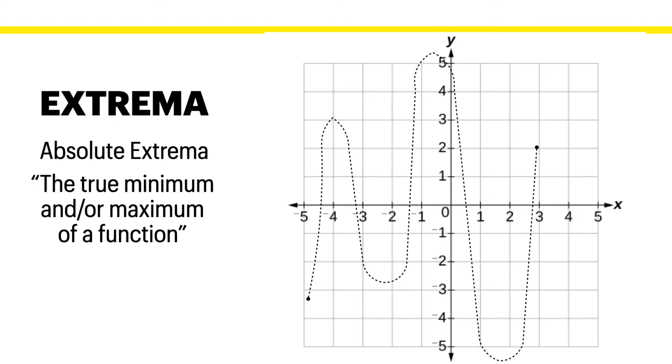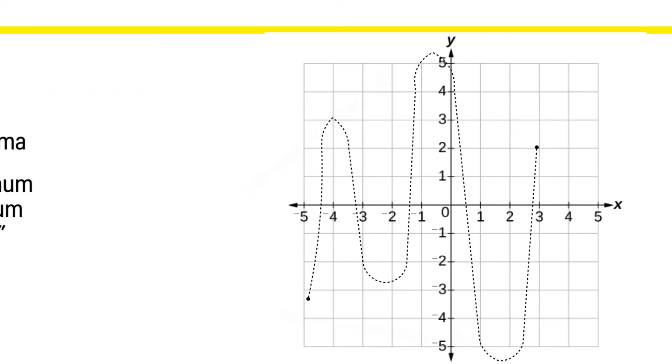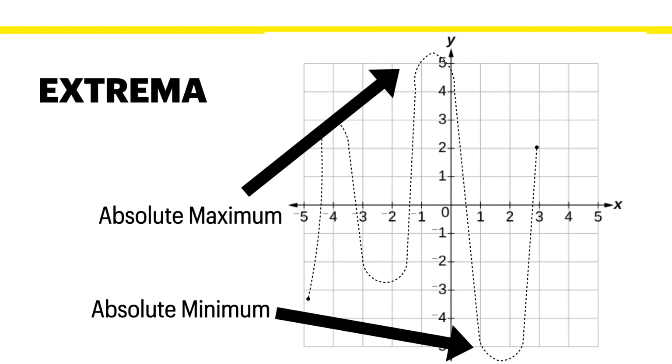Let's use this example. From here we can see that the absolute maximum is over there, and the absolute minimum is still that lowest point. That is the idea of an extrema.